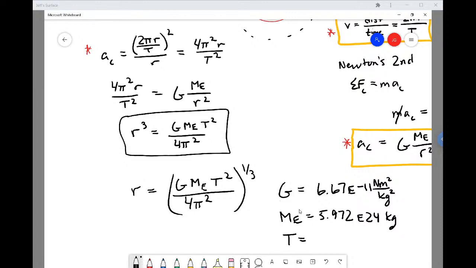And what about the period of revolution? If it's geostationary or geosynchronous, which geostationary is a special case, the period of the revolution is how many seconds are there in an hour, which is 3,600, times 24 hours in a day, and that's going to equal 86,400 seconds.